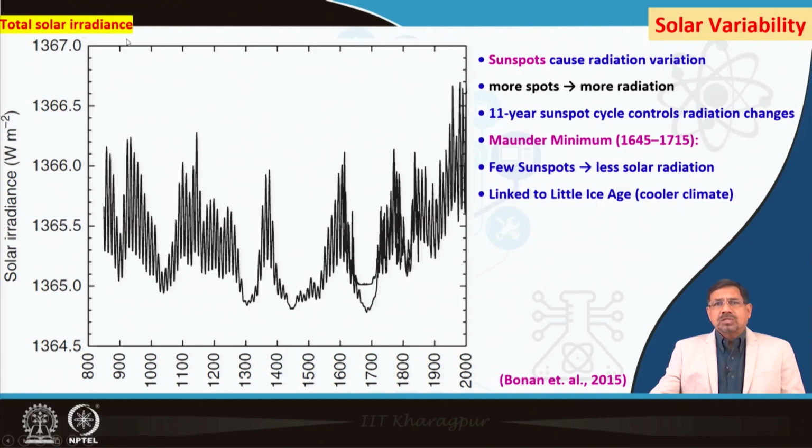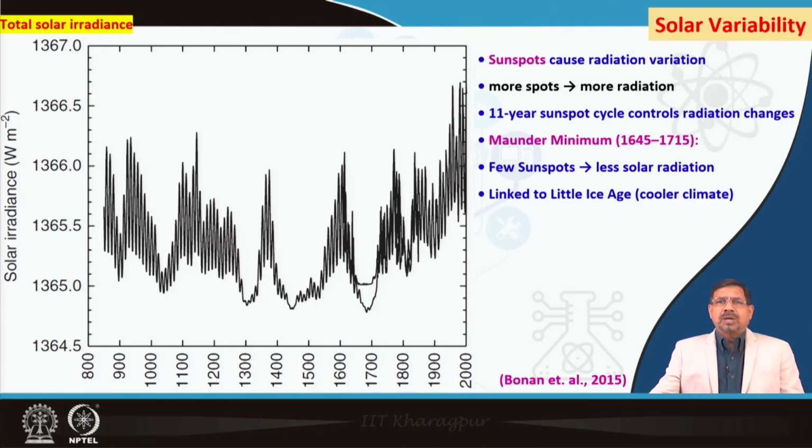So, more solar or sunspot activity, more radiation, and fewer sunspots, less radiation. So, the Maunder minimum explains that during the phase of 1645 to 1715 there is very little sunspot activity. That is why that time is linked to the Little Ice Age. That has led to a relatively smaller or cooler climate.